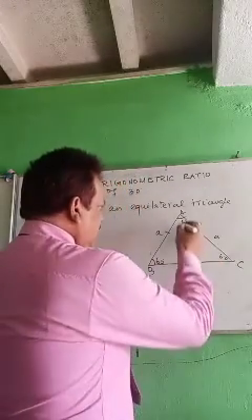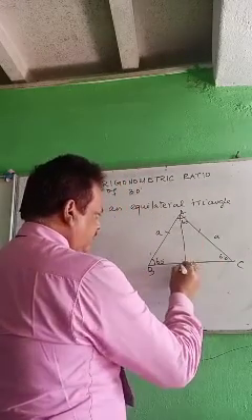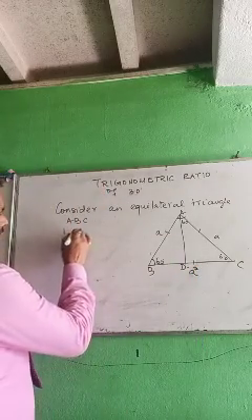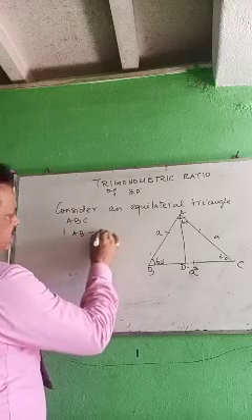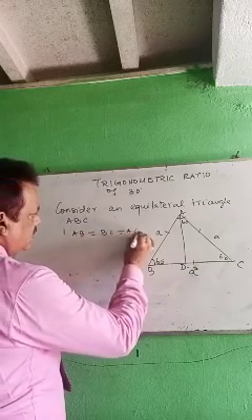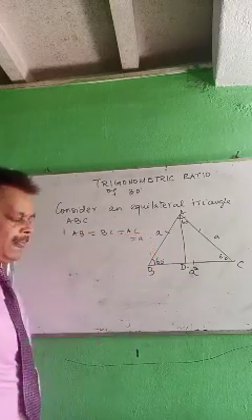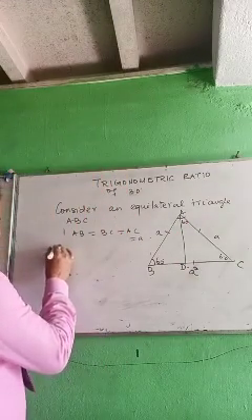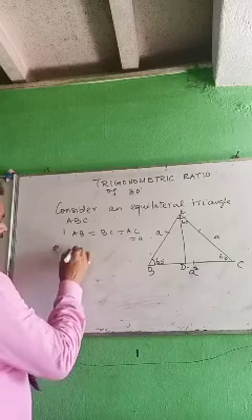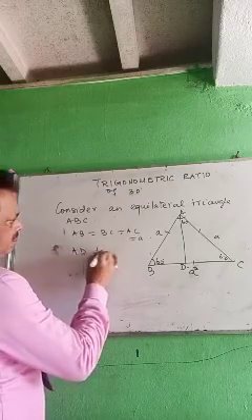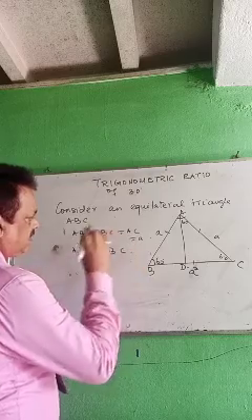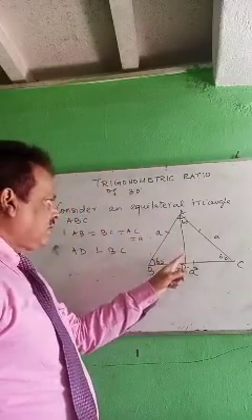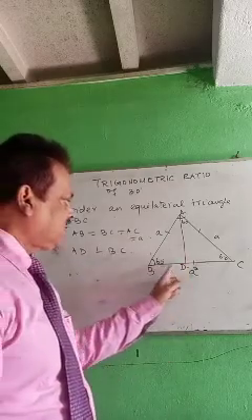Now what you do is draw perpendicular AD. Write down AB equals BC equals AC, that is A. Then draw perpendicular AD to BC. Remember, in an equilateral triangle, the perpendicular drawn from the vertex bisects the base.